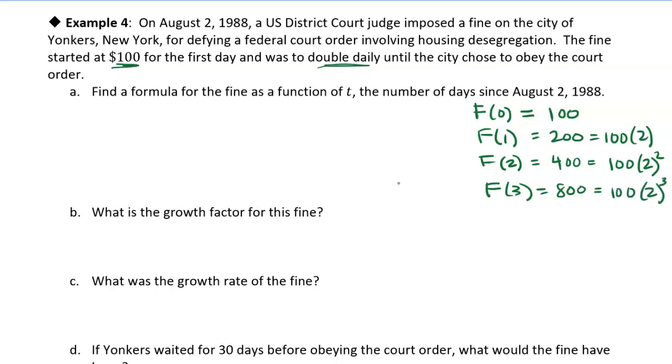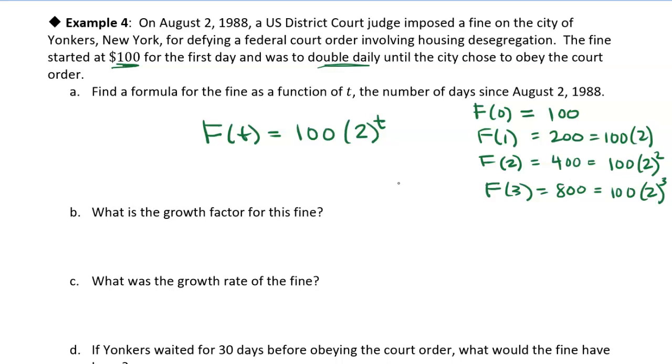Okay, so you see the pattern, and the function f of t is equal to 100 times 2 to the t. We're just doubling every time. And then you can check it by putting in some values of t and making sure they match what you expect. So on the third day, when t equals 3, we should have an $800 fine.